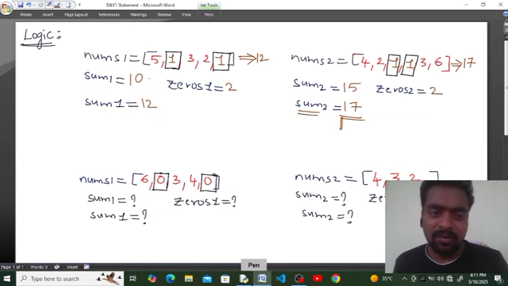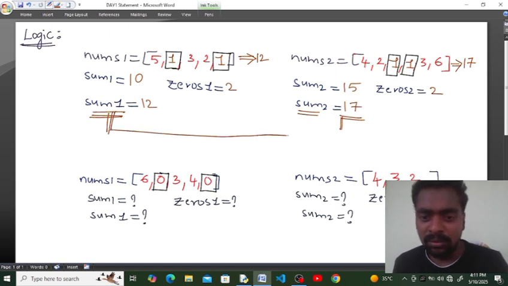Because all values of nums1 and nums2 are positive values only. You cannot keep minus 3 or minus 4 in place of zeros. And if you observe carefully, sum1 is smaller. So it is possible to increase the value of sum1 from 12 to equal to sum2.